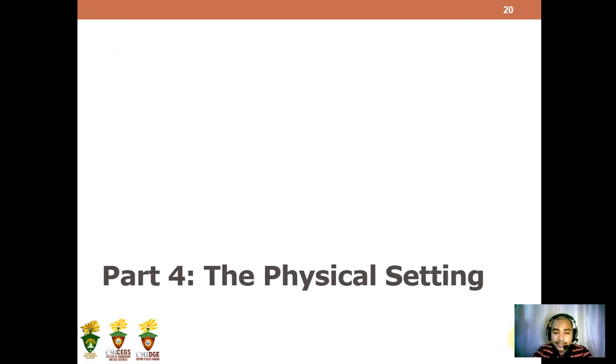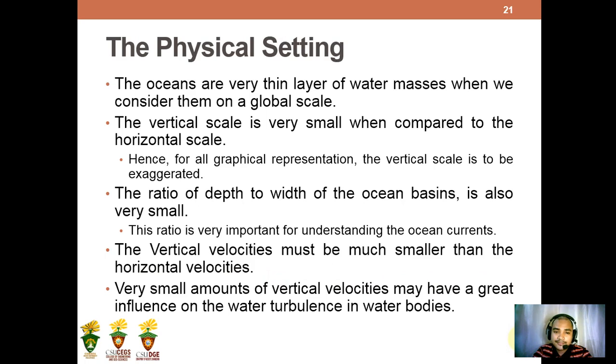Next is for the part 4, which is all about the physical setting. So, the oceans are very thin layer of masses when we consider them in a global scale. No? Thin layer lang siya, kaya syempre sa ilalom sa water is naman siya land masses. It's stated here that the vertical scale is very small when compared to horizontal scale.